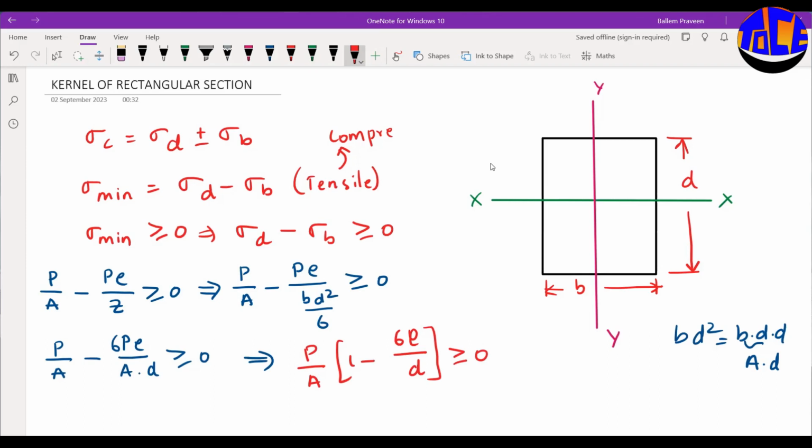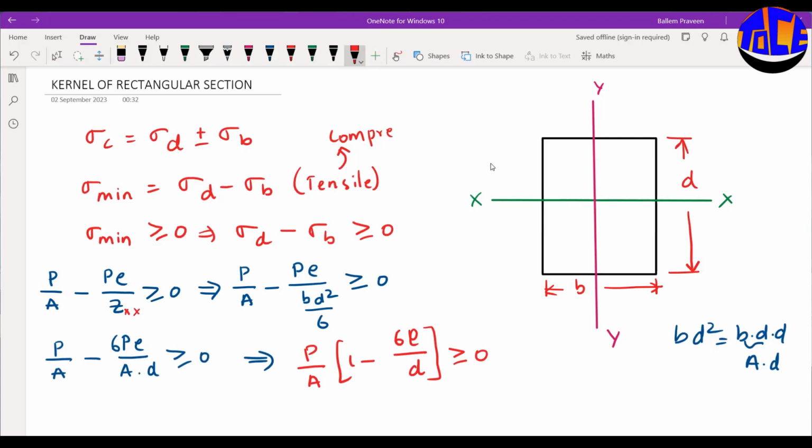Here, this section modulus is with respect to the x axis. For a rectangular section, you will get two section moduli, one with respect to x and one with respect to y. This is with respect to the x axis, which is the reason I have written the equation as BD square by 6.